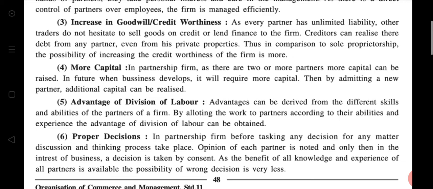Outside the firm's liability, all the partners sell their personal property for making payment for the firm. So any trader sells goods on credit to the firm and also lends finance. A creditor can realize that debt from any partner, even from his private properties.